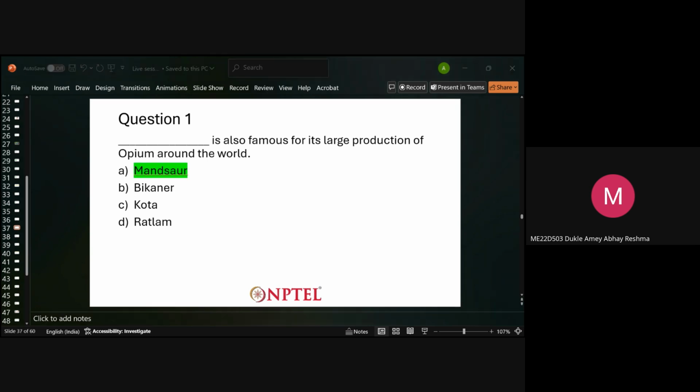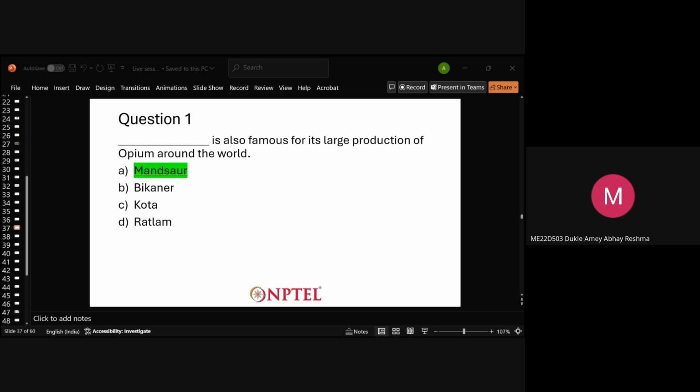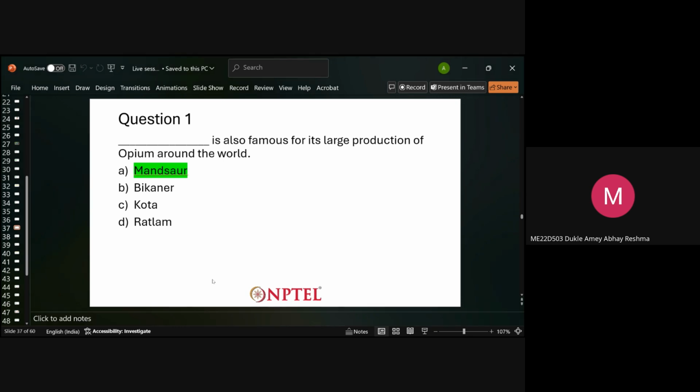Okay, the answer is Mandsaur. Basically, it is a GK based question. You will find the answer in the lecture slides also.